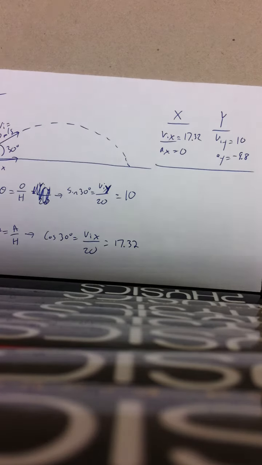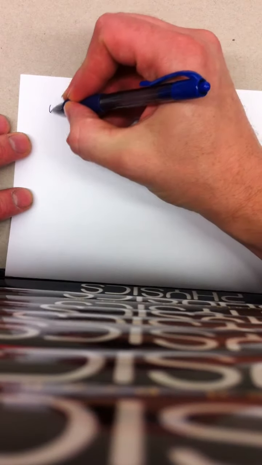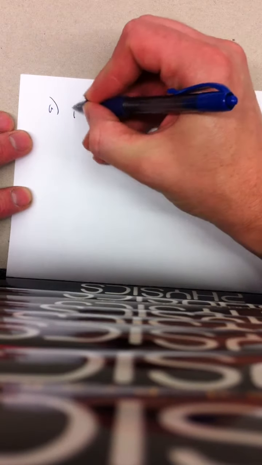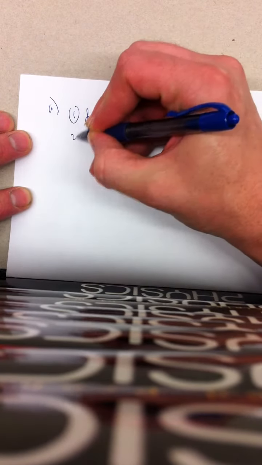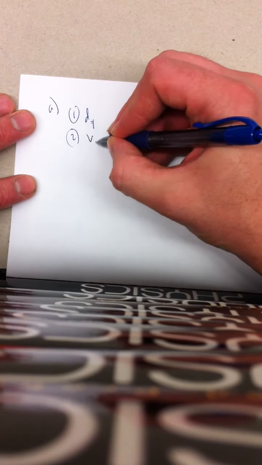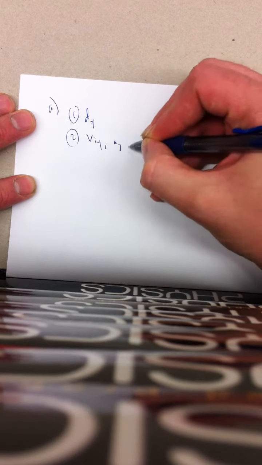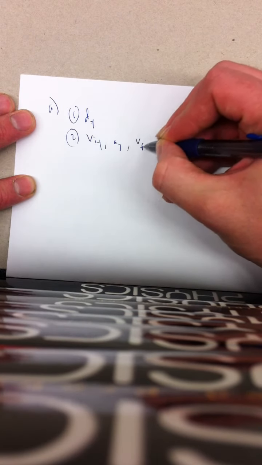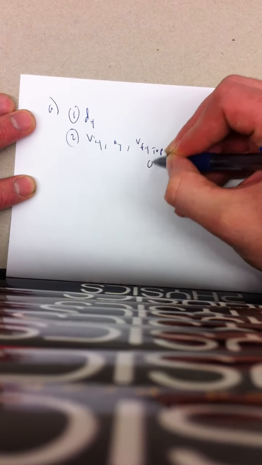So, start the problem. Part A, it says how high does the arrow go up into the air? So step number 1, we want to solve for dy. Step 2, I'm going to use the vertical column, and I'm going to use VIY, AY, and VFY at the top. That's equal to 0.